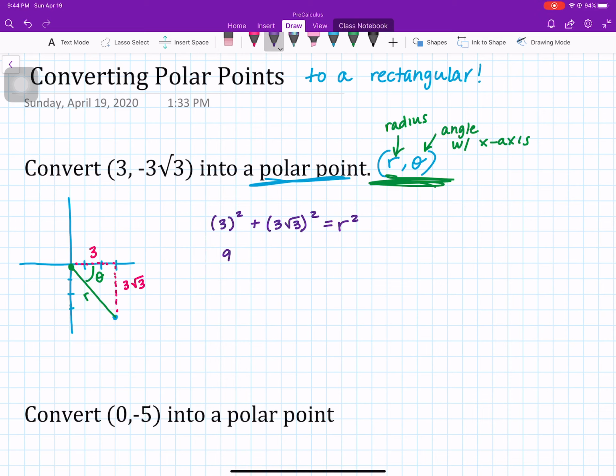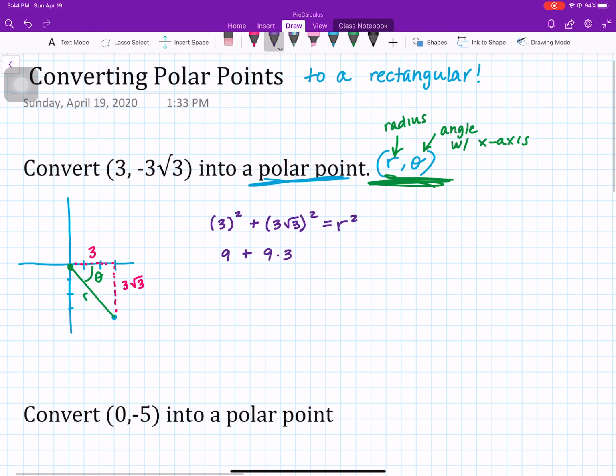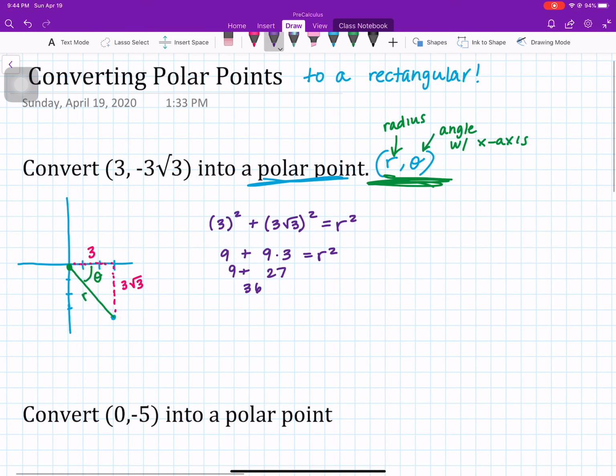So we have 9 plus 9 times 3 equals r squared. Let's see, 9 times 3 is 27, plus 9, so that makes 36. So that means r is going to be 6.